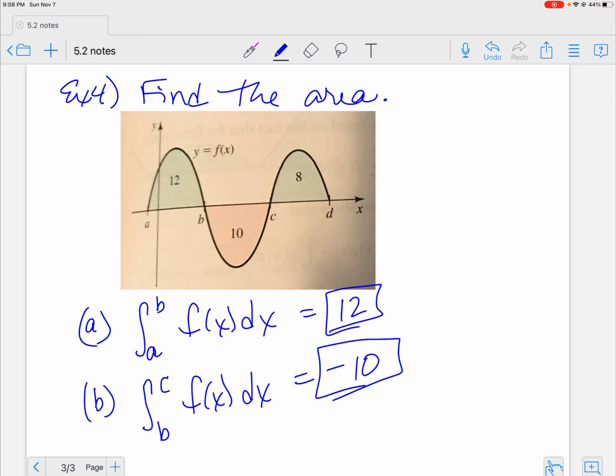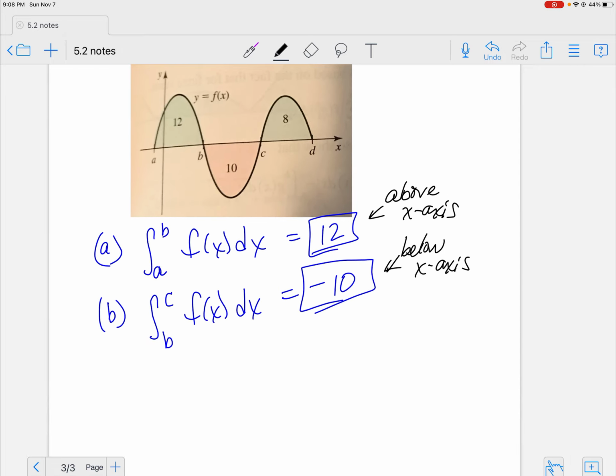All right, this is above the x-axis. This is below the x-axis, right? Okay, let's squeeze this in here a little bit.